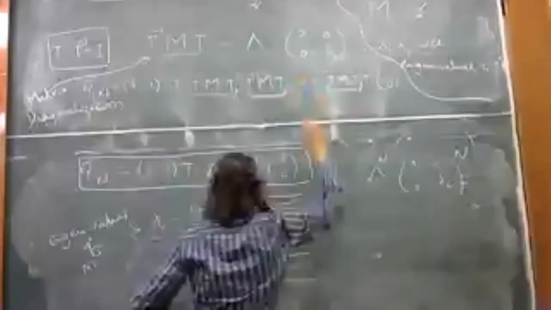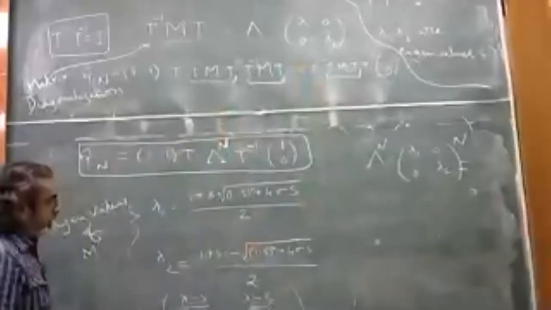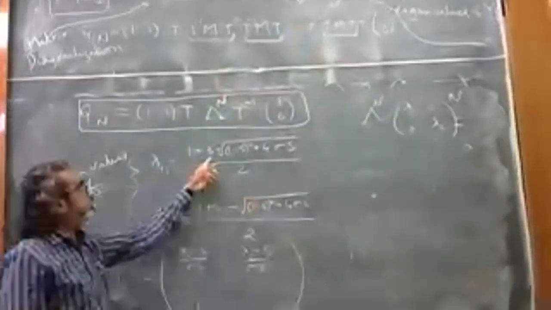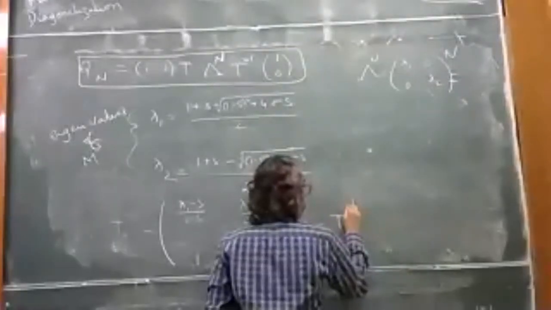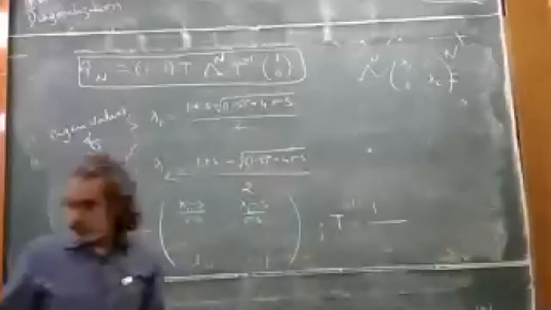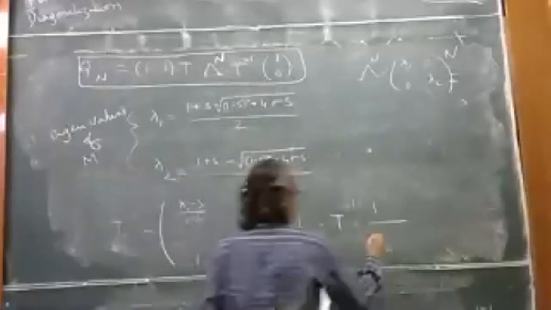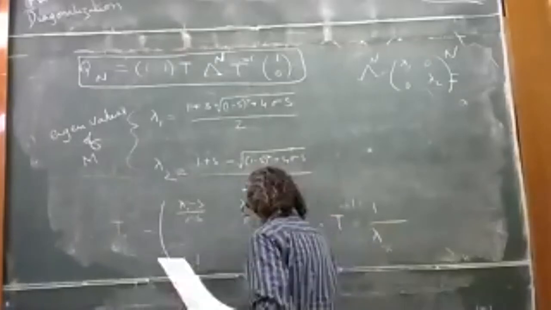Now lambda 1 and lambda 2 are in terms of the variables s and sigma. And so this is T. Similarly, you can find out T inverse. I'll just write it down. They look like very big, gigantic matrices, but this is simple matrix algebra.